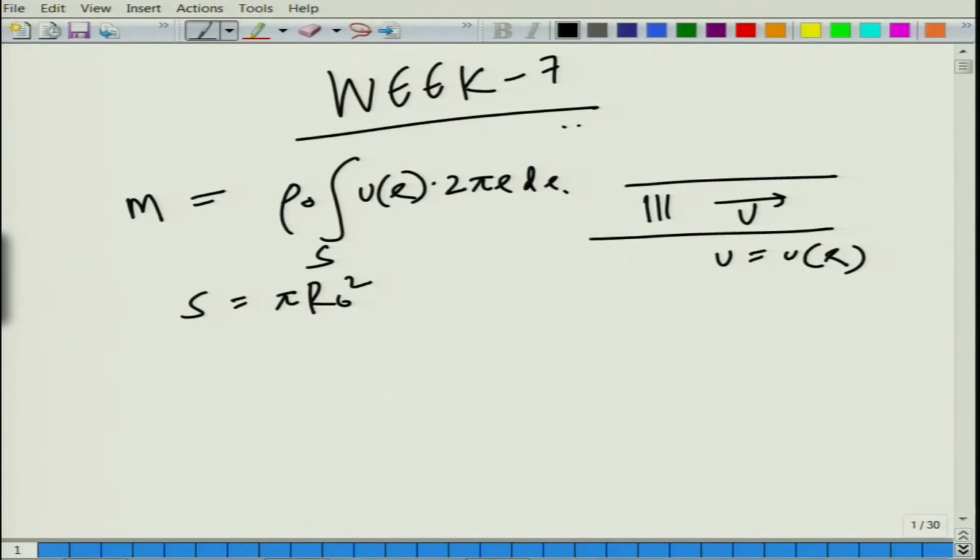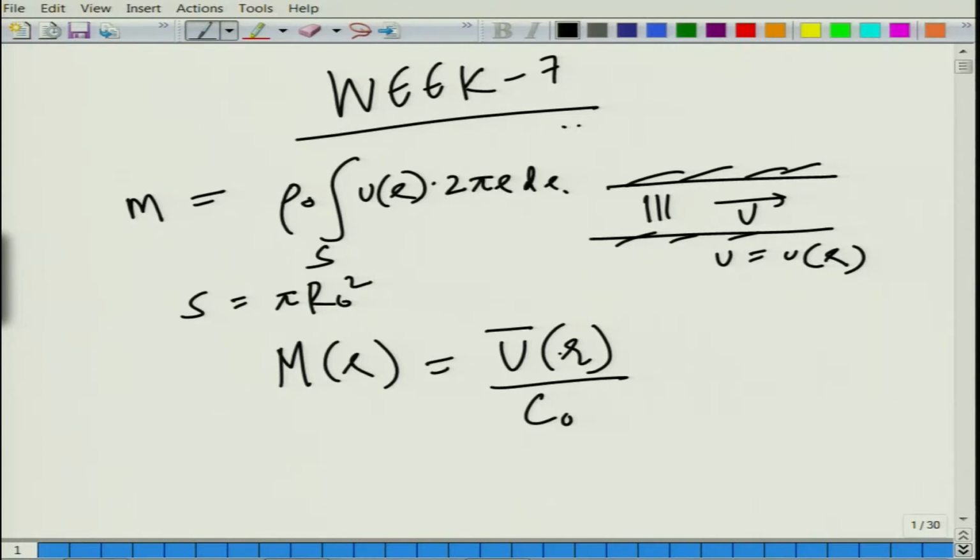Now typically when you have flow over ducts, we have a profile. Let us denote the mean flow Mach number, which is a function of radius, as u bar by c naught, where u bar as a function of r is your average velocity, and typically this is taken as M naught times (r naught minus r by r naught) whole to the power 1 by 7.